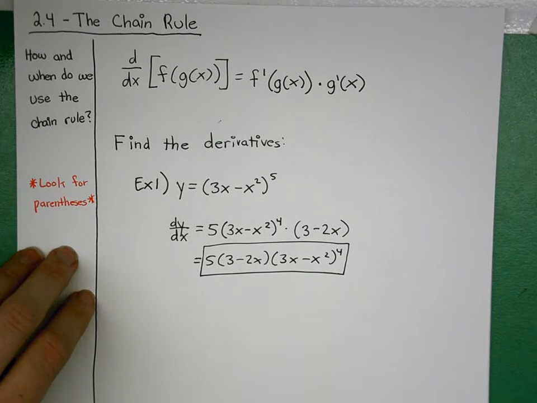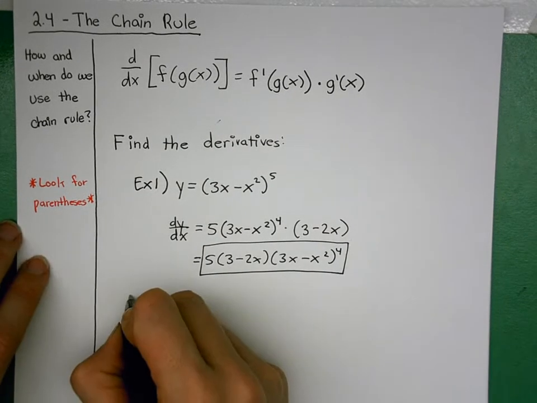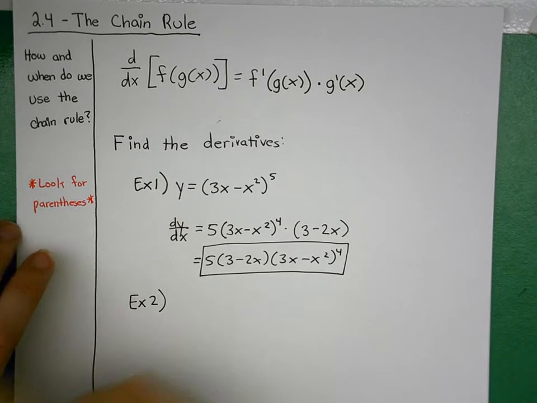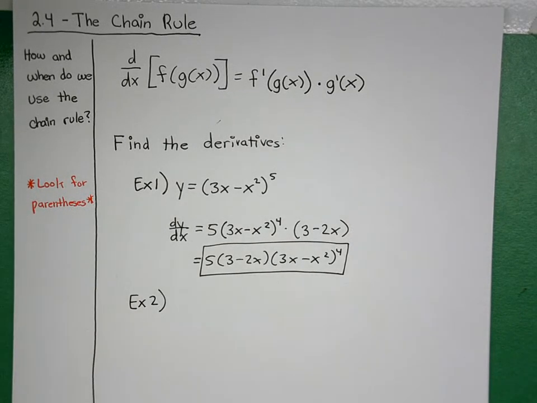Okay? So we're going to do several of these. My recommendation would be, if not on this example 2, then maybe on example 3, pause the video, give it a shot on your own. Restart the video either when you're stuck or you have an answer that you're wanting to check.